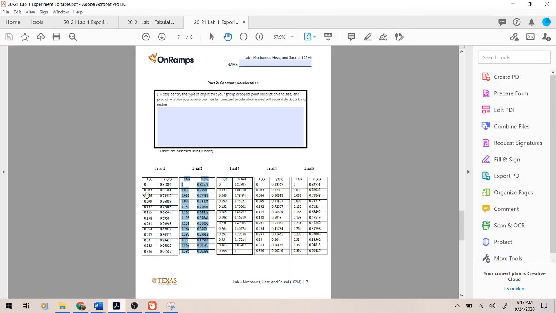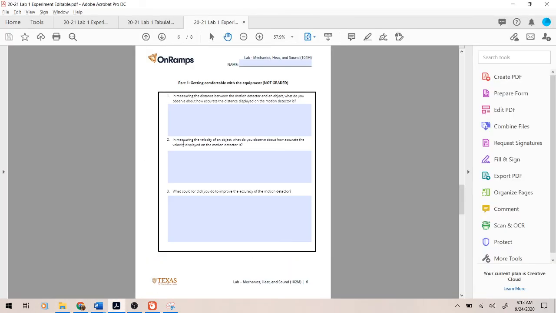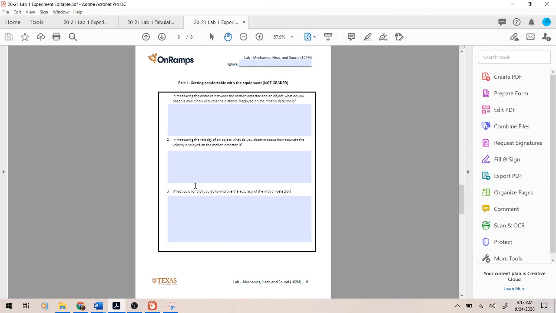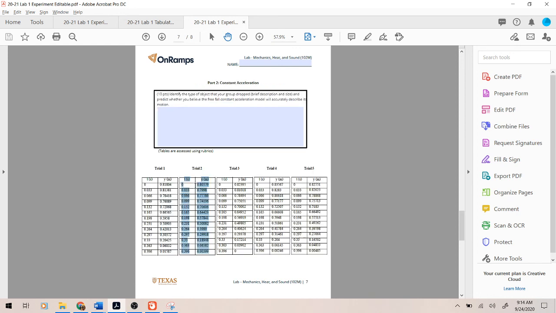All right, so let's see if there's anything else that I need to talk about. For your results, you're going to analyze the data the way that I showed you. You're going to look at the x to t squared ratio, get the slope of this, multiply the slope by 2, and then find the acceleration.